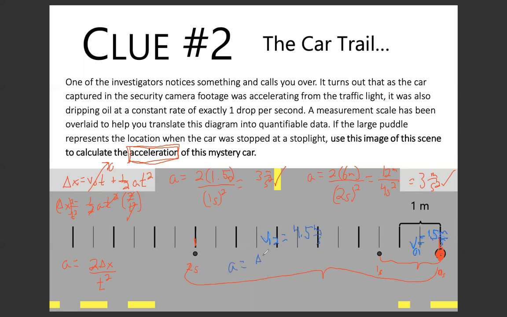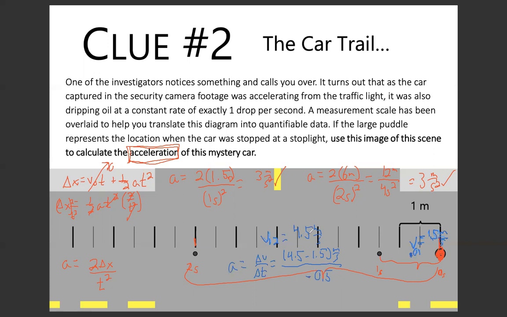A equals delta V over delta T. So that's 4.5 minus 1.5 meters per second. The thing is, at what time does it actually have this 1.5 meters per second? That's actually at the moment halfway between 0 and 1 second, so that's really at the 0.5 second mark.